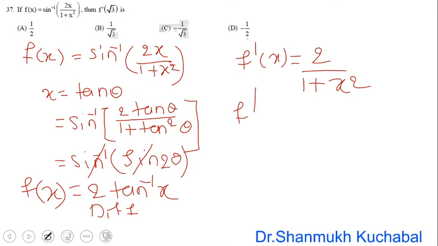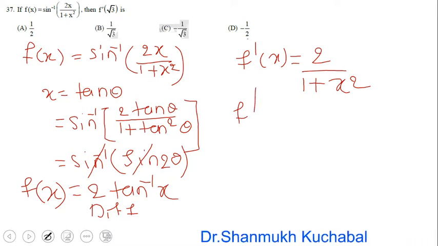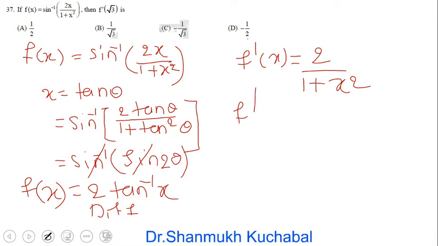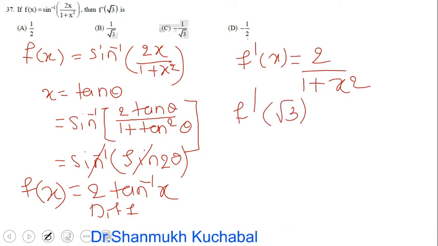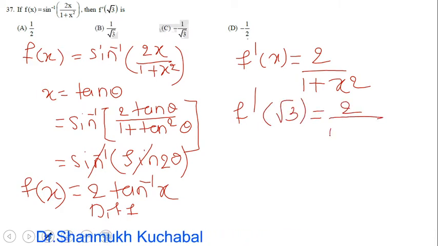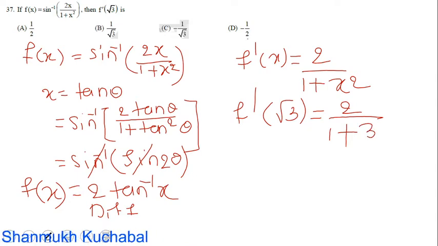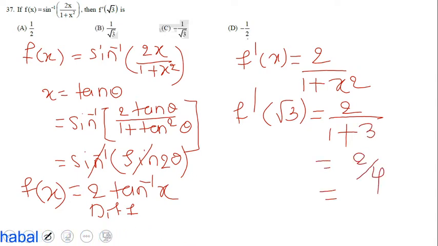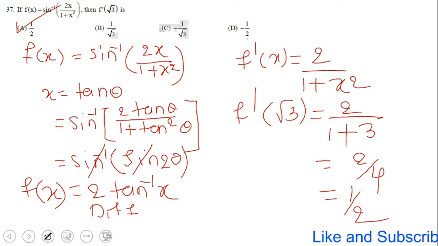So f dash at root 3 equals 2 divided by 1 plus root 3 square. Root 3 square is 3, so 2 divided by 4, which simplifies to 1 divided by 2. Therefore clearly option A is the right answer here.